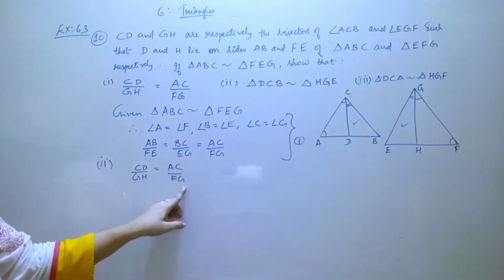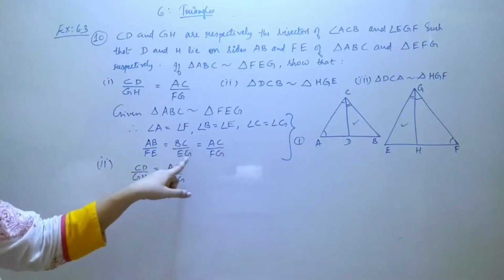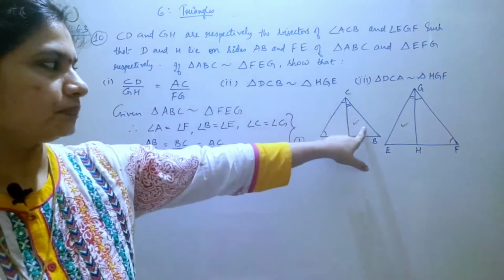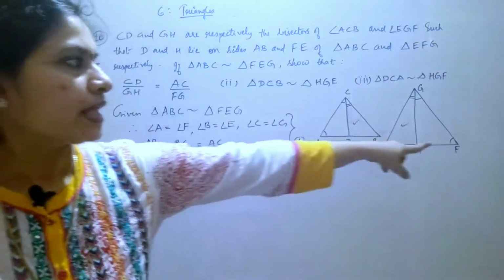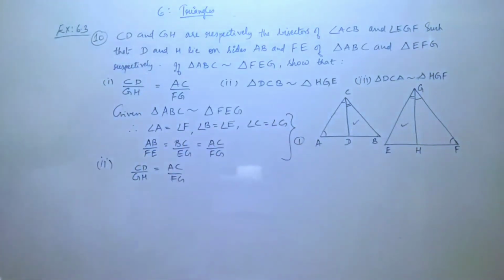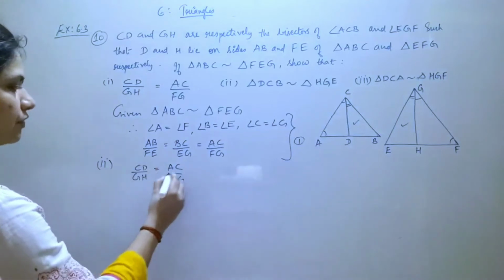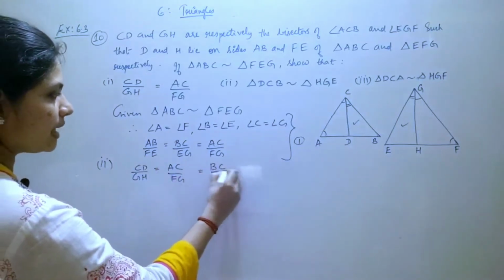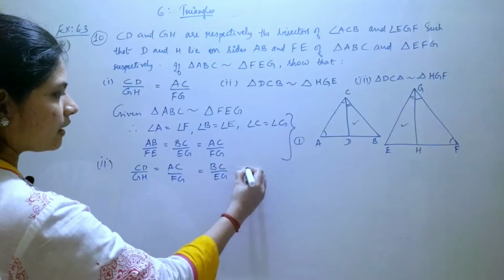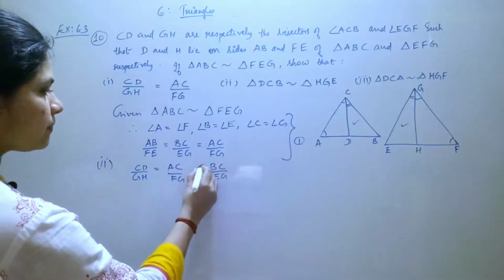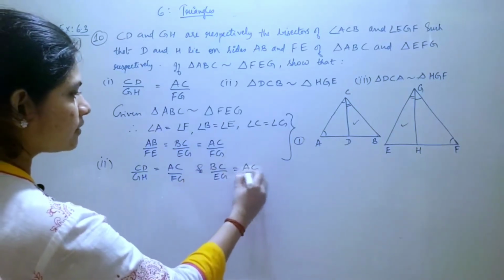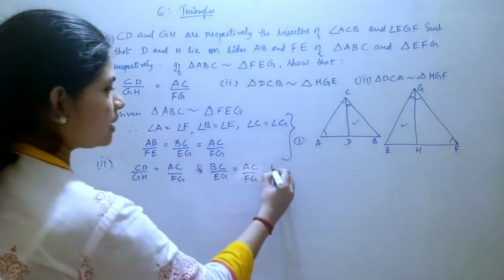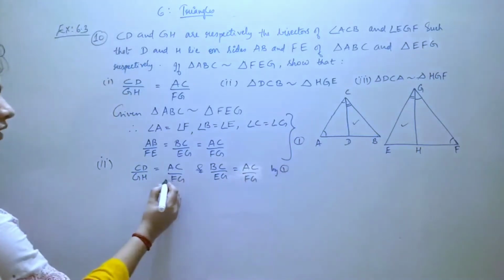This AC by FG is the same as BC by EG, which will be in the required triangle. So we are just making use of that. This is equal to BC by EG. So what we got? This one and this one. This is by equation 1. This has already been proven.